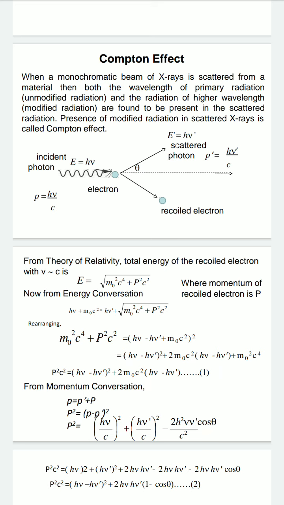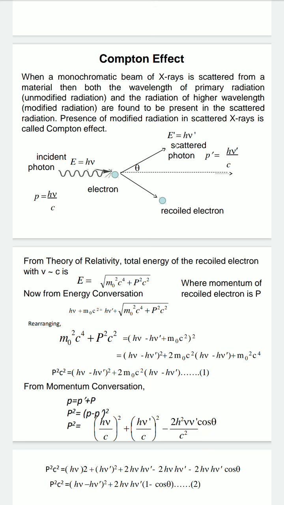P into c is the energy there. So from that we can find P, which is equal to h nu by c. And after scattering the momentum changes, which is P dash equal to h nu dash by c for the photon.